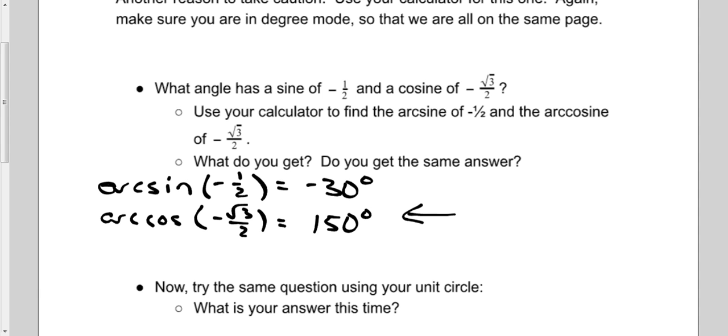No. Negative 30 is in quadrant 4. This angle is in quadrant 2. What's important here is, see if you remember this term from last week before spring break: reference angle. Who remembers reference angle? What's the reference angle in this particular scenario?